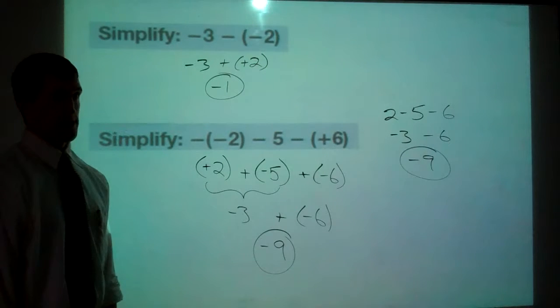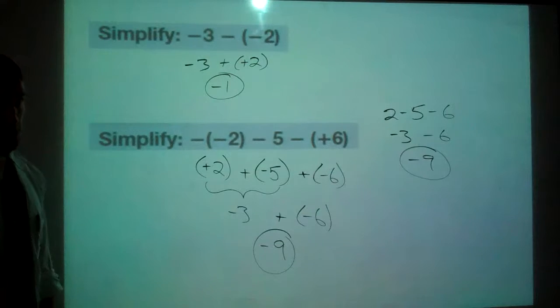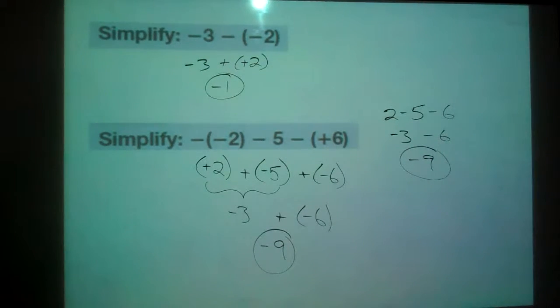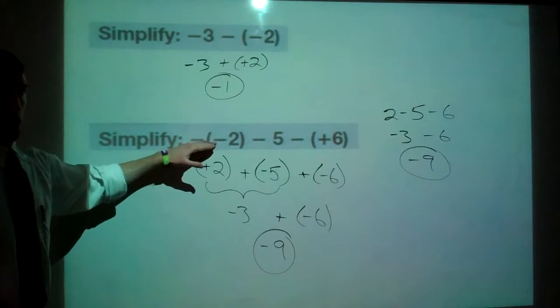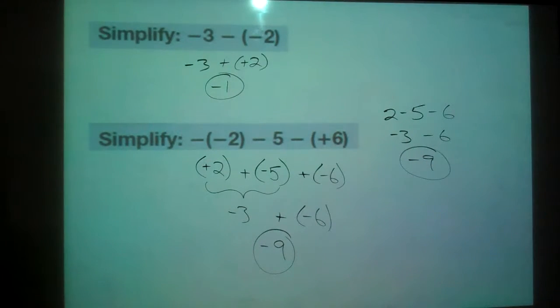But I like to turn things into addition and add the opposite. Makes it a little bit easier. Alright, so that'll be good for now. This is something we will see on the MCAs. So whenever we see this situation or any sort of subtraction, we want to make sure we add the opposite. Alright.